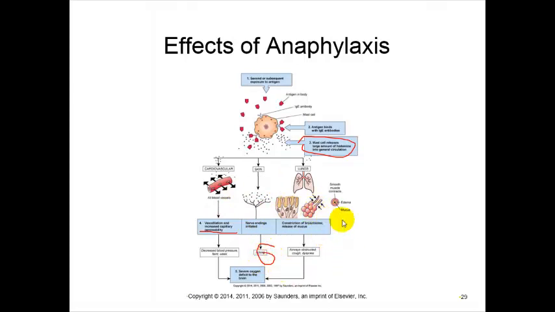Decreased blood pressure. It's going to cause the airways to constrict, edema to occur, mucus obstruction. So we're going to have severe oxygen deficiency due to the decreased blood pressure and the air obstruction. That's the life-threatening part of it.